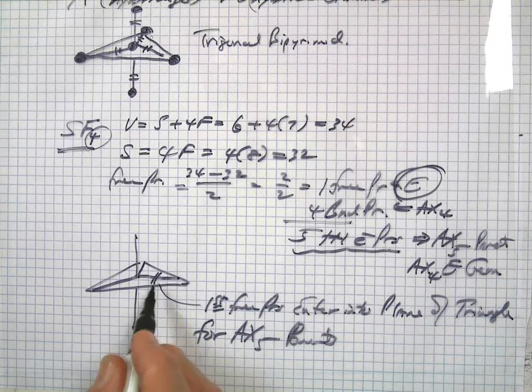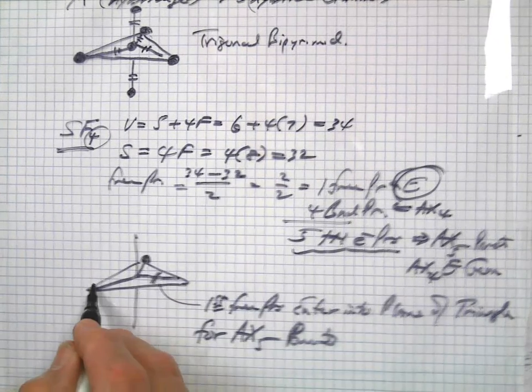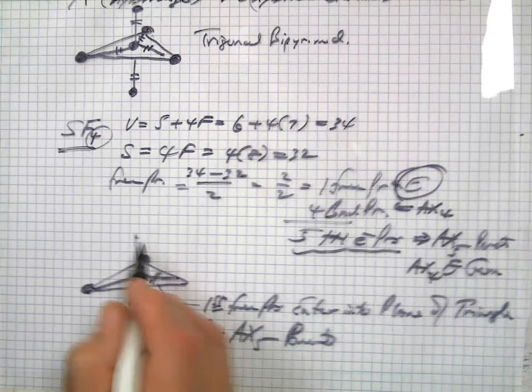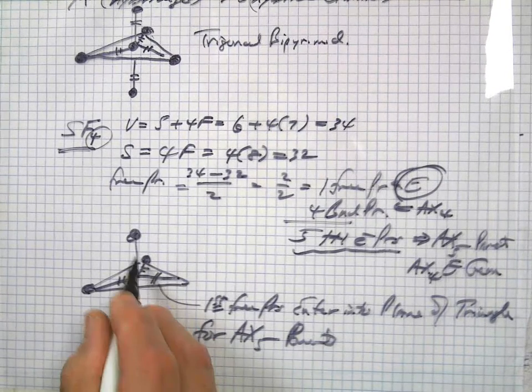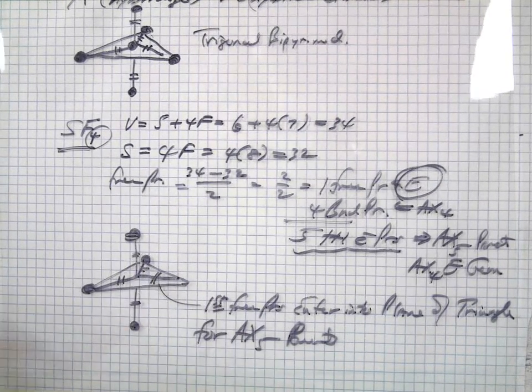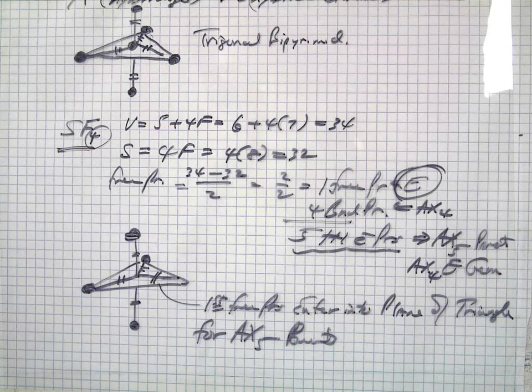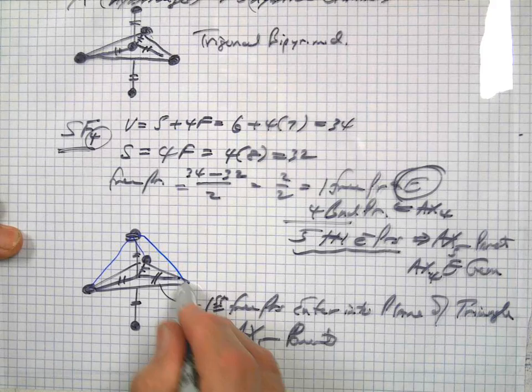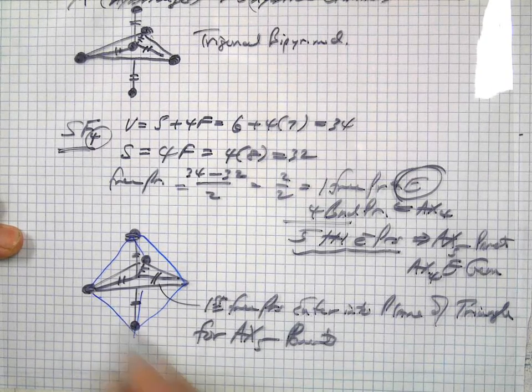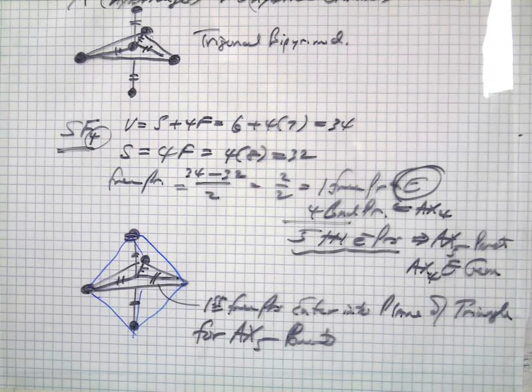So we have that there, and then your 4 substrates will go in the other positions as shown here, here, here, and here. Of course, you can still see the trigonal bipyramid from the structure.